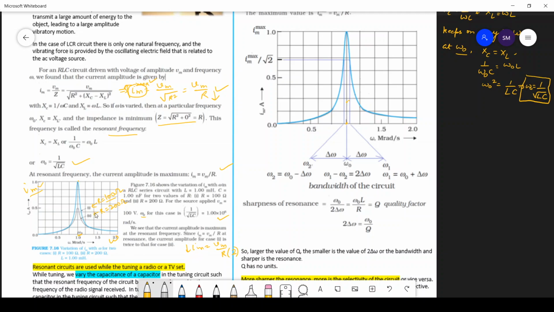That is why the 200 ohm case has half the maximum Im compared to the 100 ohm case.